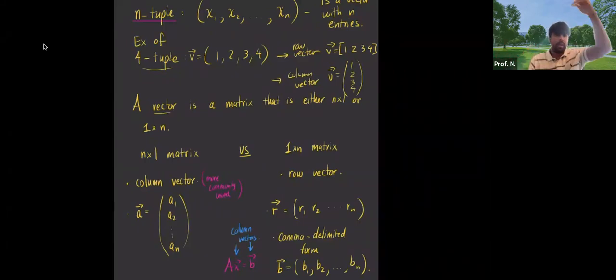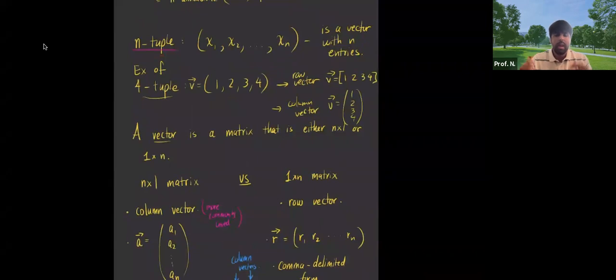And the column vector are numbers within a column. Does that make sense? So we have column vectors, row vectors, and they're just direct expressions of n-tuples. So now we'll be dealing with things that are living in n-dimensional space, whether it be 3-dimensional, 5-dimensional, 10-dimensional, and so on.